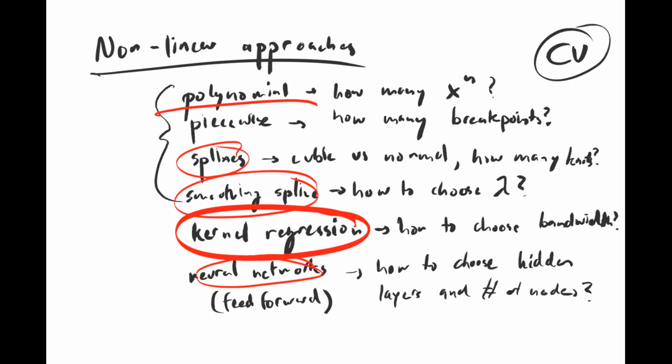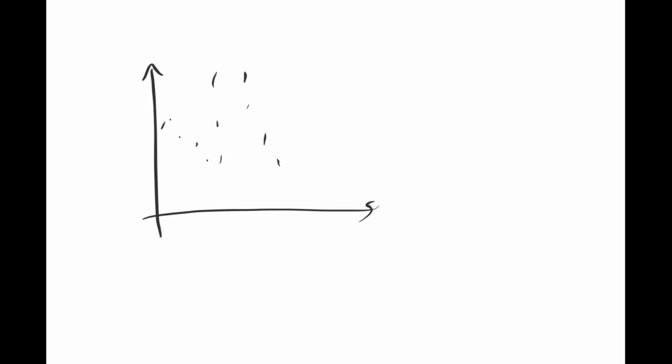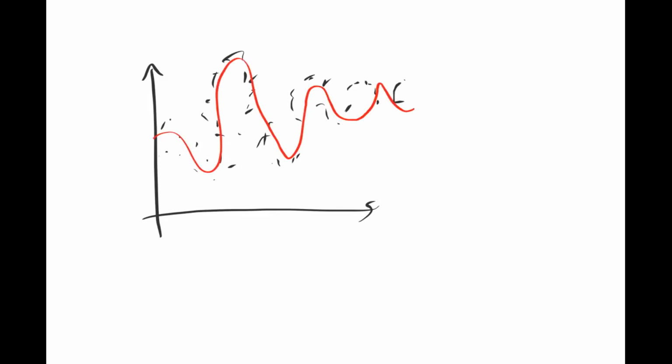If you think back to that example where I had this set of points that look like this, and then I'm just going to draw more points, and then we fit lines that are able to do that.